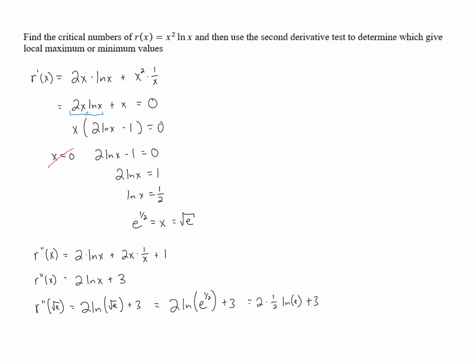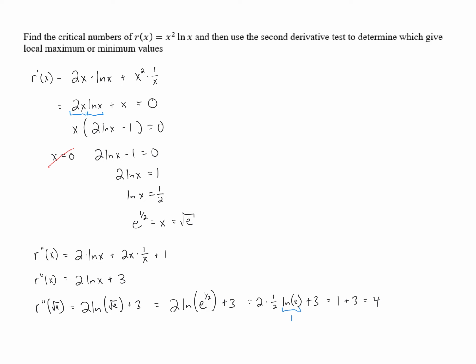And we know that the natural log of e is 1, because this is saying e to what power is e? The answer is 1. And we know that 2 times 1/2 is 1, so we've got 1 times 1, which is unsurprisingly 1, and then plus 3. That gives us 4.